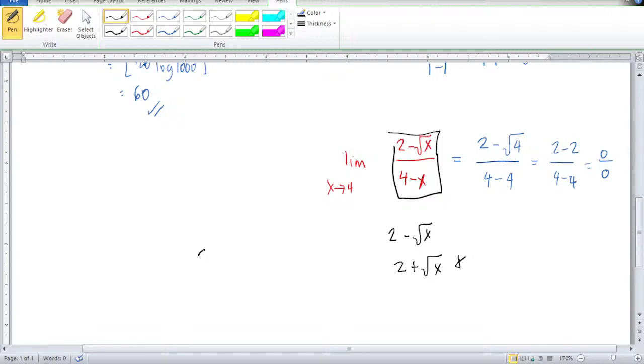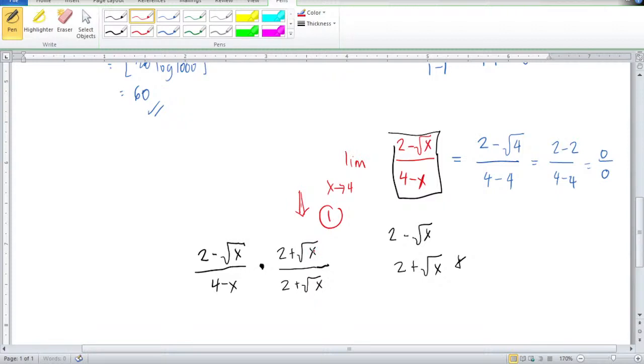But class, when we multiply, we have to make sure that the equation does not change. So, to do that, we will multiply by an expression that is still equivalent to 1.